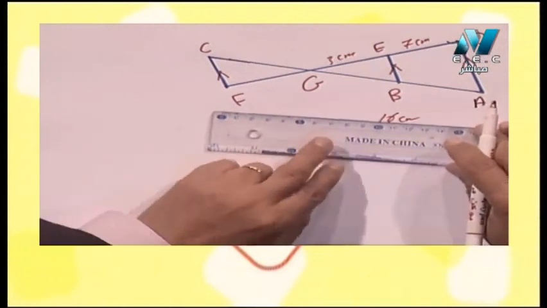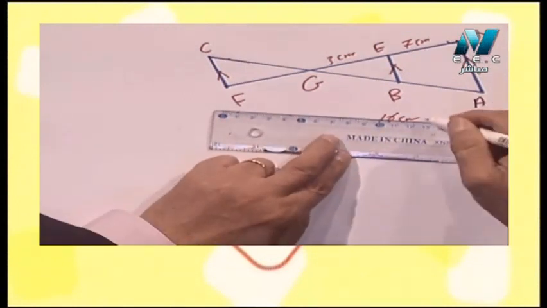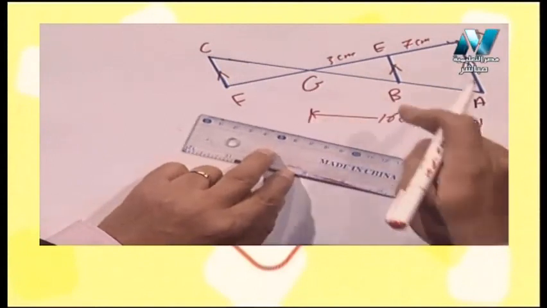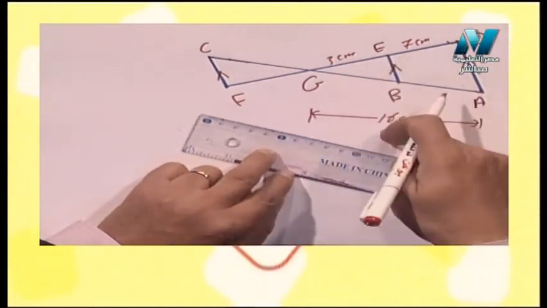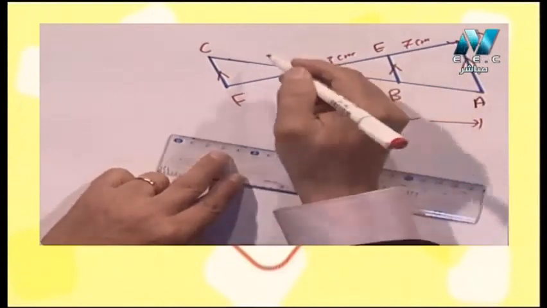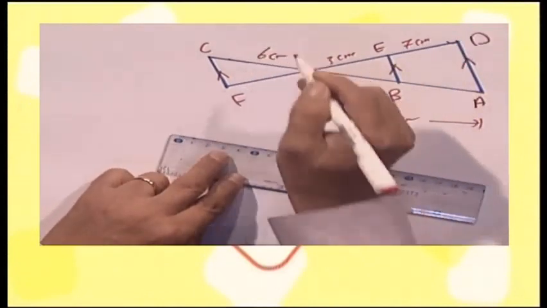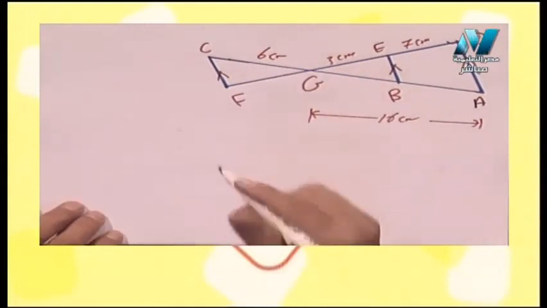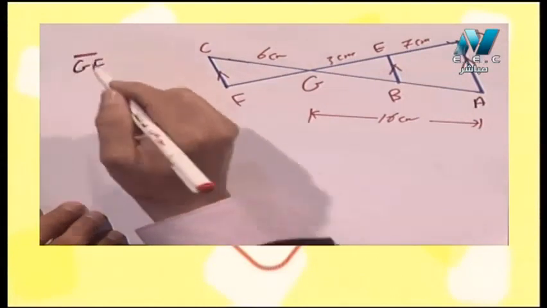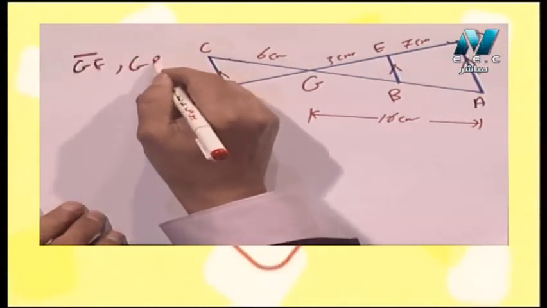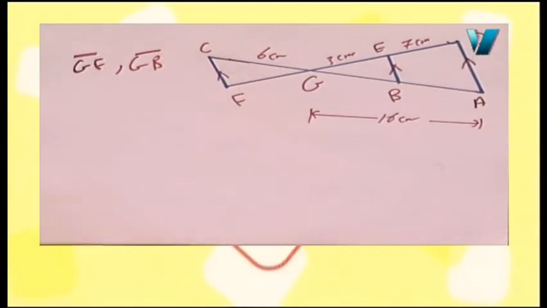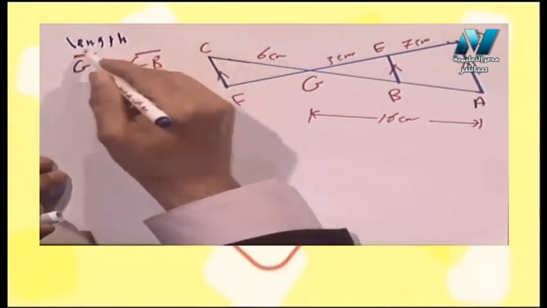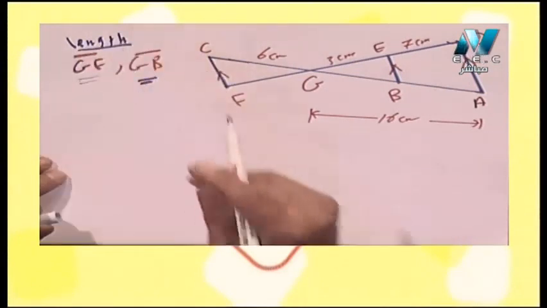We can express it like that. GA equals 16 centimeter, and GC equals 6 centimeter here. Find the length of GF and GB. We would like to find the length of these two line segments.